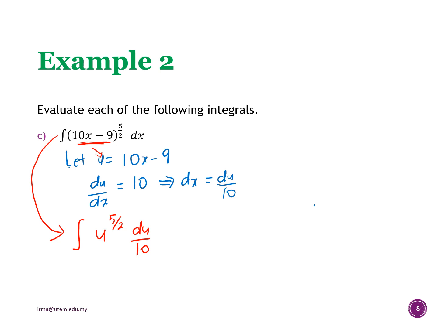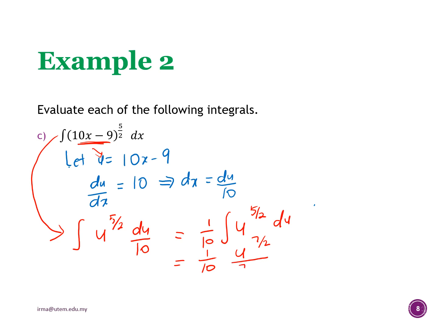Everything is in u, so we can proceed with the integration. I bring 1 over 10 in front, so I have u to the power of 5 over 2 du. Integrate this by using the basic properties, so I have u to the power of 5 over 2 plus 1. So you get 7 over 2.